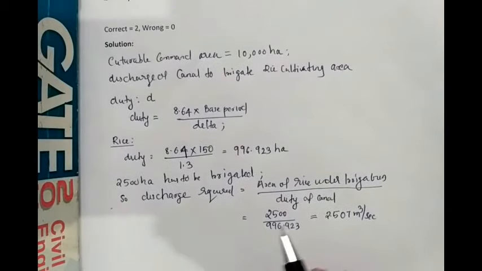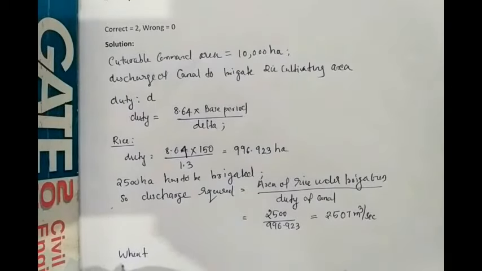Okay, the first part is over, and the next part is to calculate the maximum permissible irrigated area in hectares for wheat.